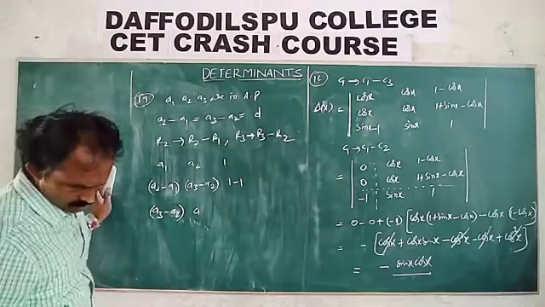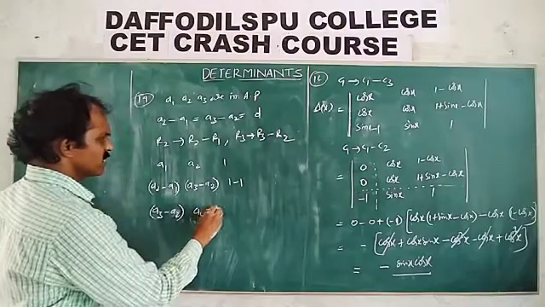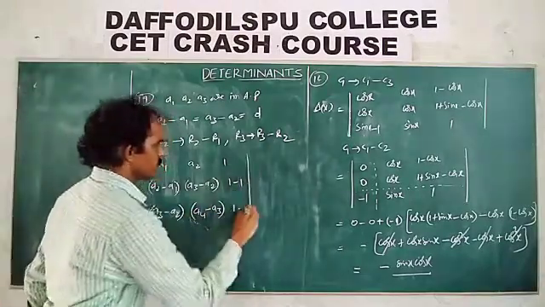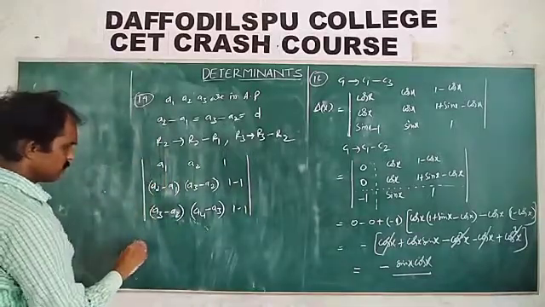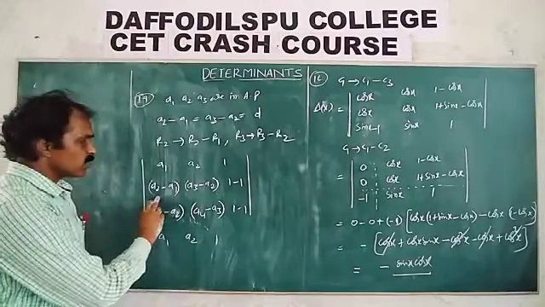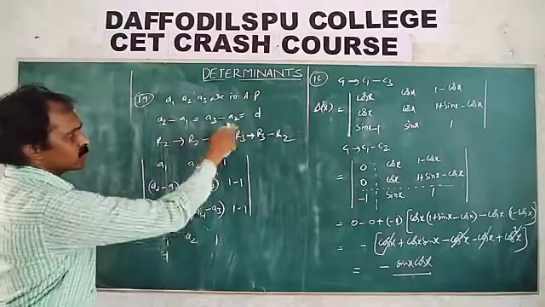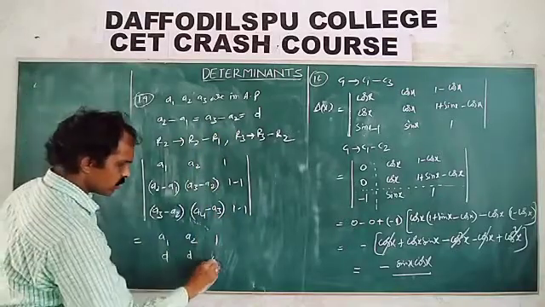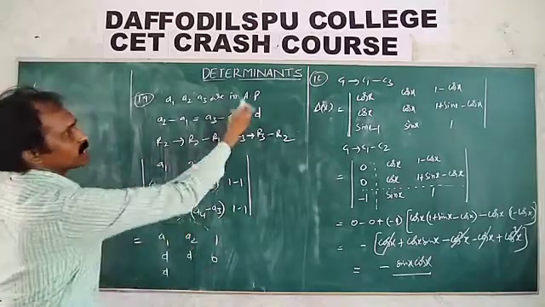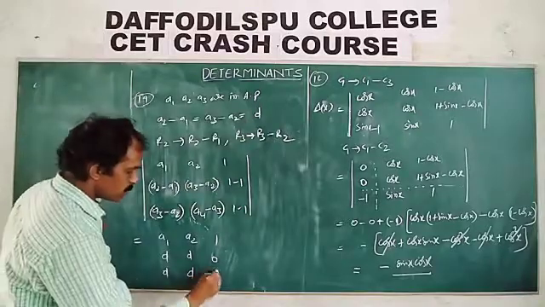What are the elements? A4 minus A3, next term 1 minus 1. Right? A1, A2, 1. A2 minus A1, common difference D. A3 minus A2, common difference D. 1 minus 1, 0. A4 minus A3, that also is common difference D, this is 0.